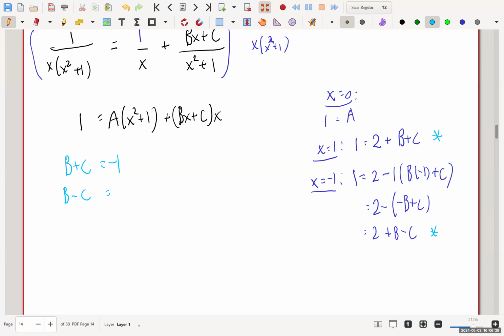I get negative b plus c times the -1, which is what I have here. Multiply it through, get a plus and then a minus. Actually, I think it should still be able to work out.